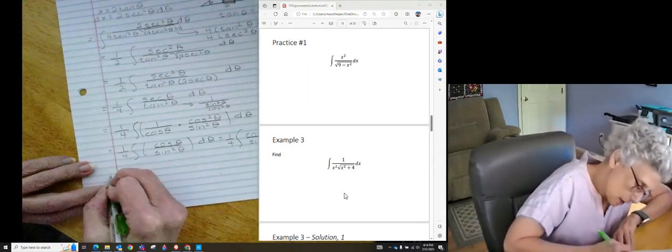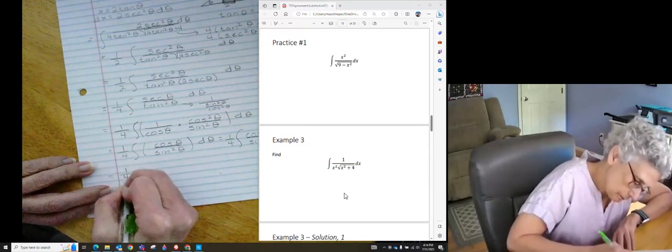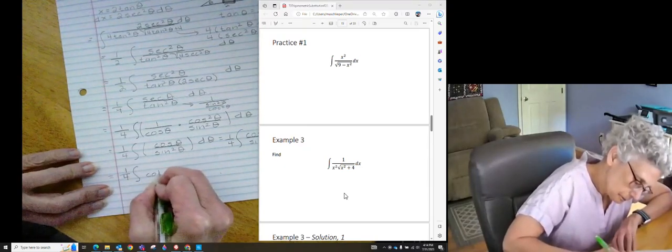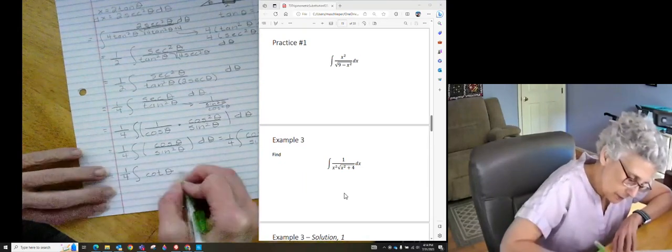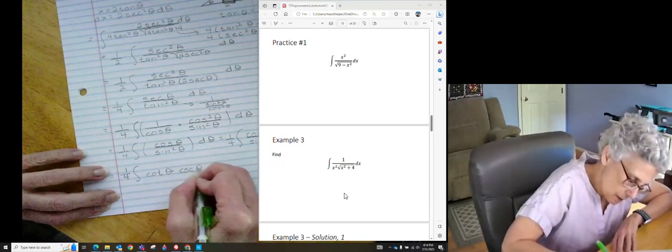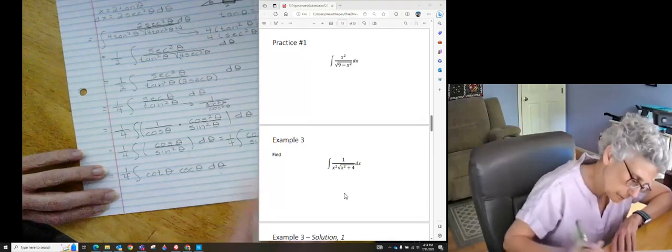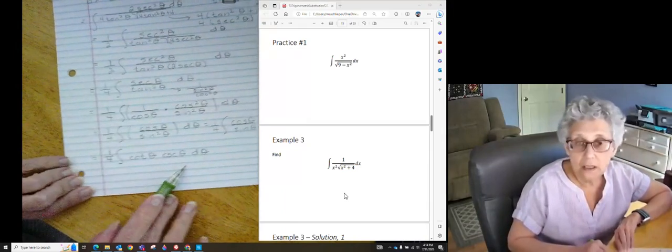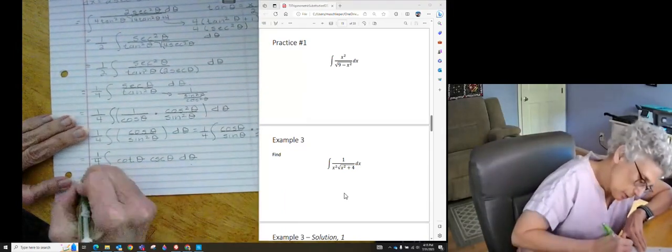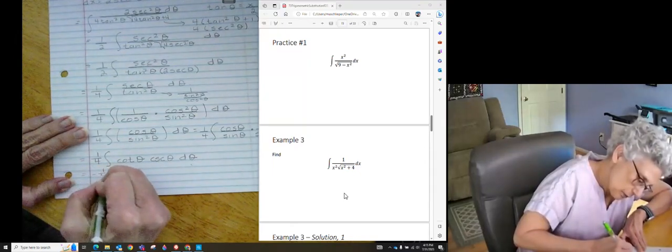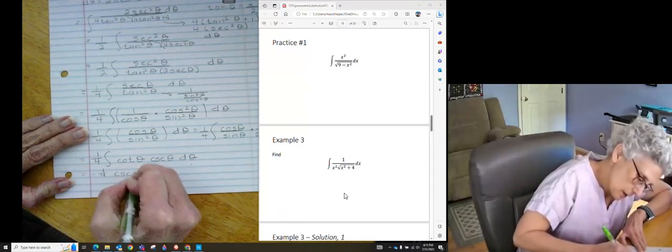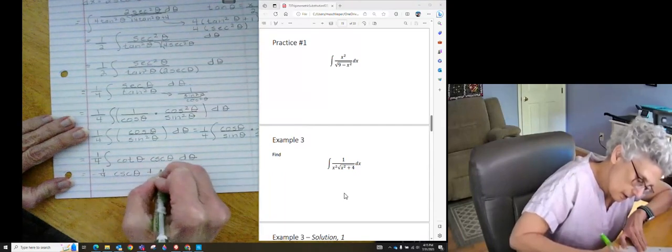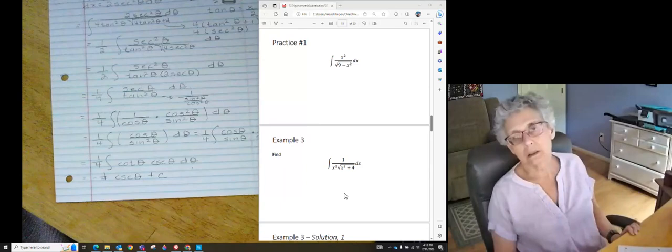Cosine over sine is cotangent. 1 over sine is cosecant. So I have the integral of cotangent times cosecant, which would be negative 1/4 cosecant of theta plus a constant.